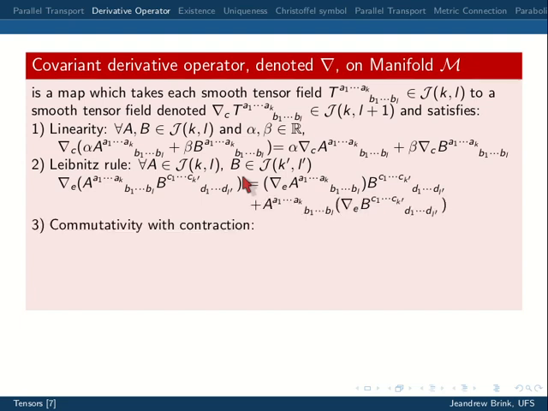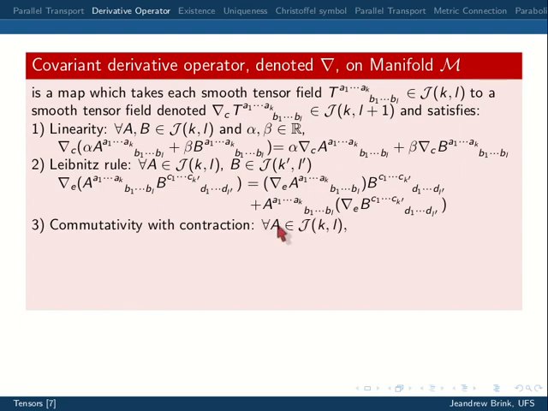And then the third property is that it commutes with contraction. Suppose you have a tensor where you've contracted two indexes. You can first take the derivative of the contraction, or you can first do the contraction and then take the derivative. It doesn't make a difference.